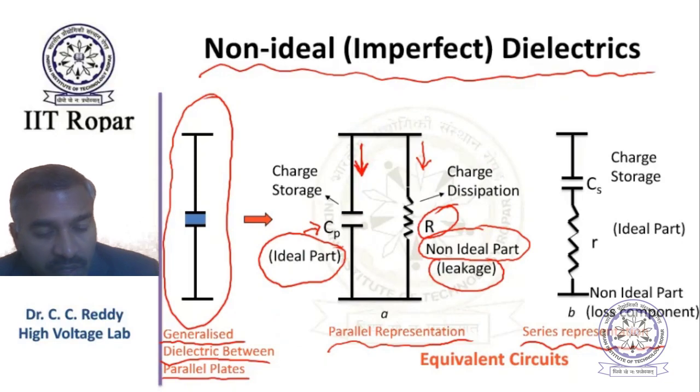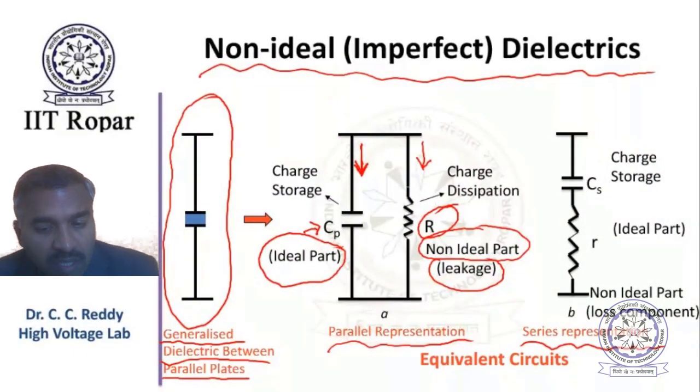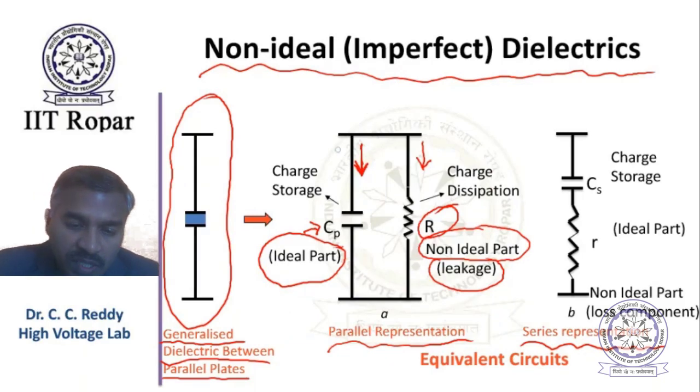Will it be in phase with the voltage? So out of phase. It will be leading by 90 degrees. This current is a displacement current. The current through the capacitive branch is displacement current, while the current through the resistor is lossy current, which is in phase with the voltage.